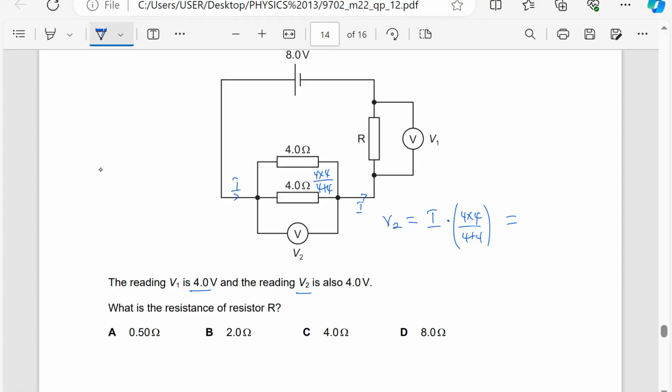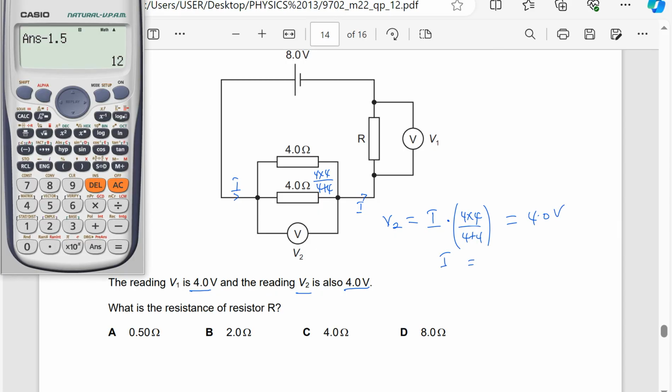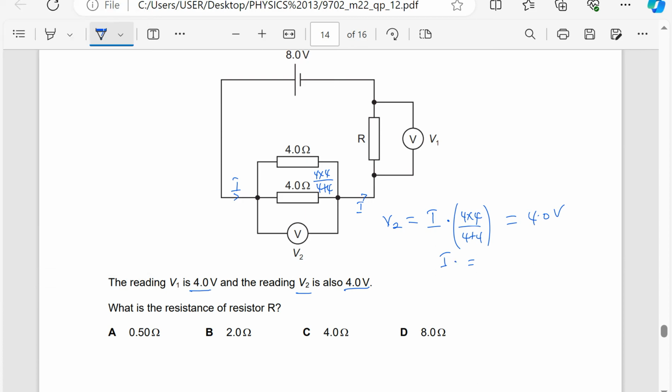Remember V2 is 4 volts, so this is equal to 4.0 volts. So what is I? I times 16 over 8, which is 2, is equal to 4.